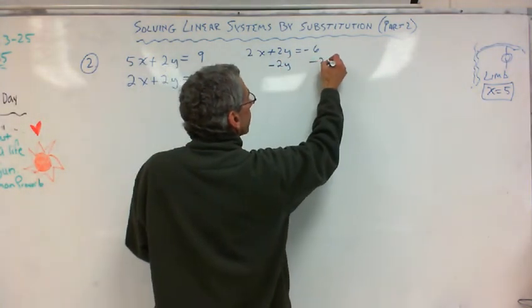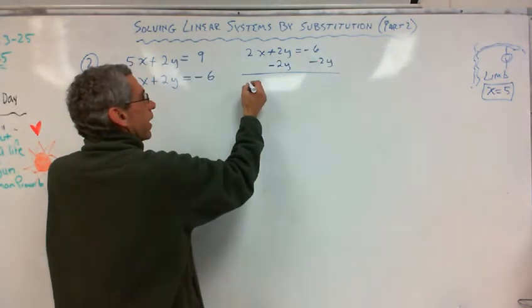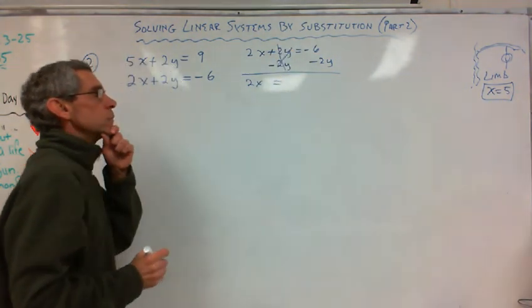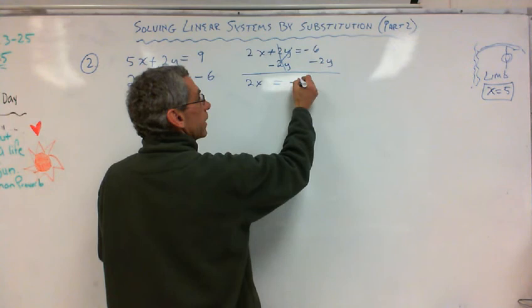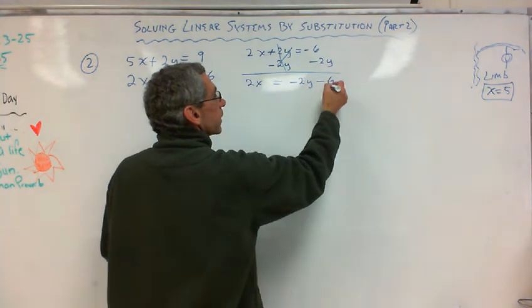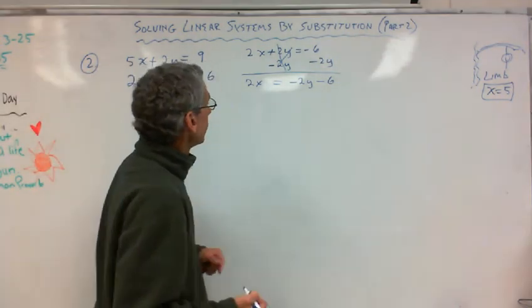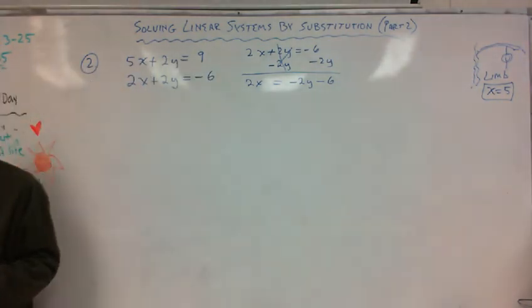So we have 2x equals, I'm going to say negative 2y minus 6. I like to put my variables first. All right, now what do I do? Aiden, what would you do? You would add 6.